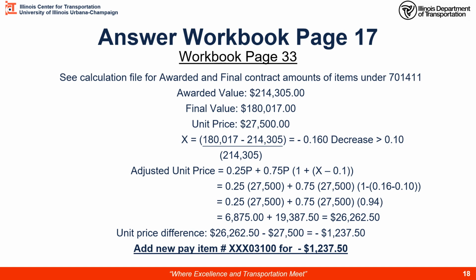So let's crank through our X value. In this case, we have that lower value subtracting off the bid divided by the bid value. In this case, it's a negative 0.16 decrease. So it's a decrease.